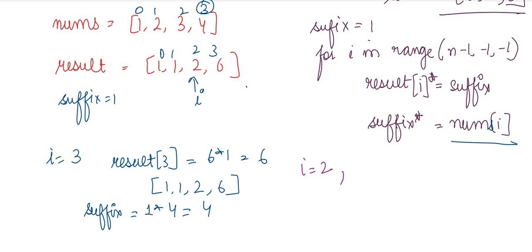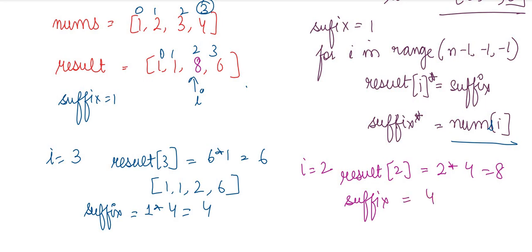I value will be 2. So result of 2 will be multiplied by suffix. Result of 2 is already 2, multiplied by suffix which is 4, so it will be 8. So instead of 2 keep 8 here. Then suffix multiply by nums of I. It is already 4, nums of I is 3, so 4 into 3 is 12. So the new suffix value is 12.